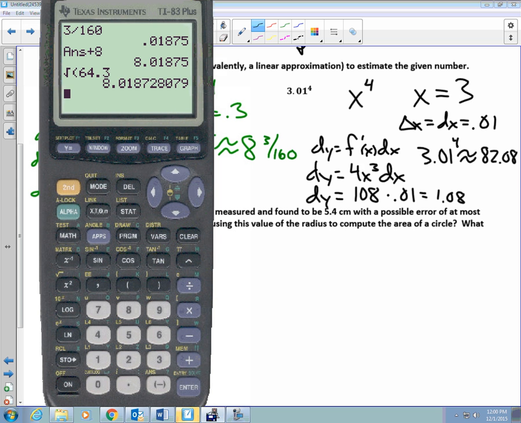So if we move over 0.01, how much will we move up from 81? So that's how much we move up from 81. And if we calculate 3.01 to the fourth power, I get 82.085. And as you can see, I'm pretty close, huh? Not too bad.